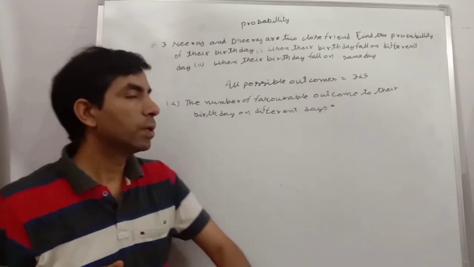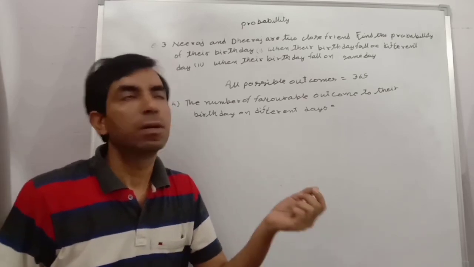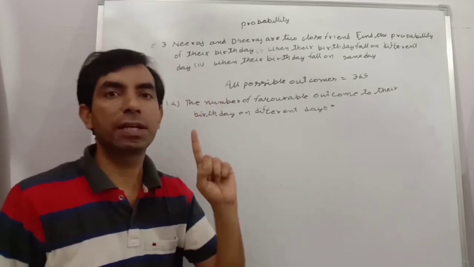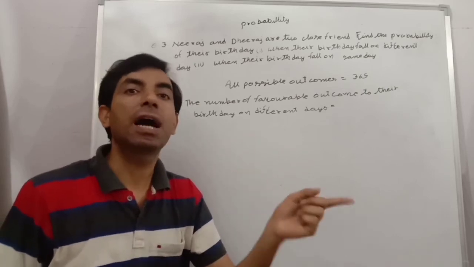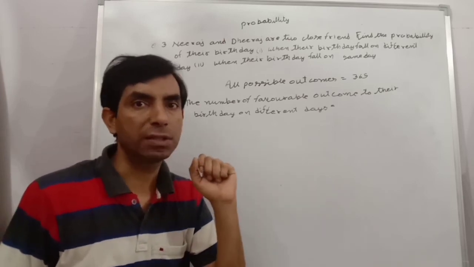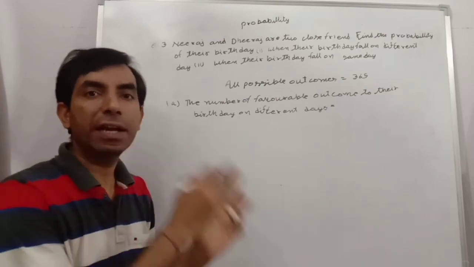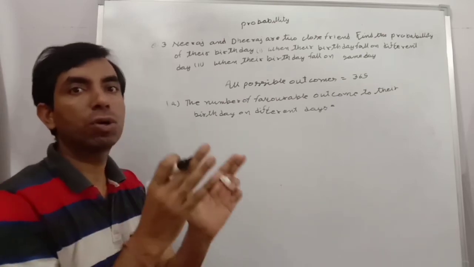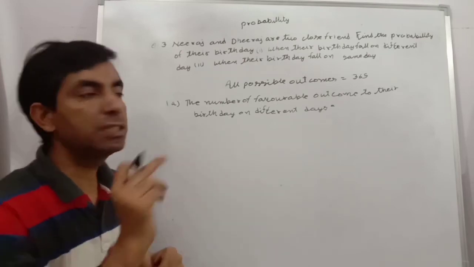If Neeraj's birthday is 1 January, then Dheeraj's birthday for different can be on all other days, meaning 2 January, 3 January, 4 January, meaning 364 days. Because one day is Neeraj's birthday, for different we do not take this day. So in total 365 and one day removed, we get favorable outcomes as 364.